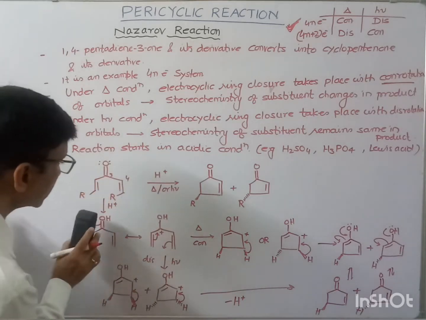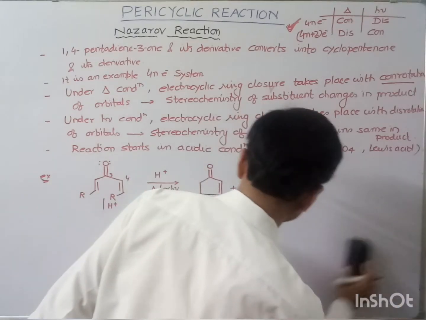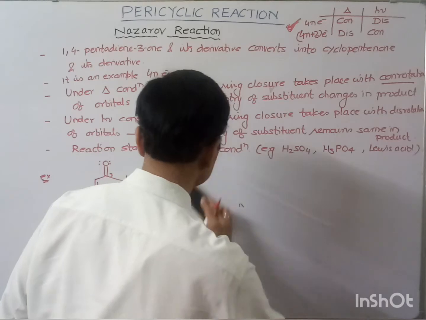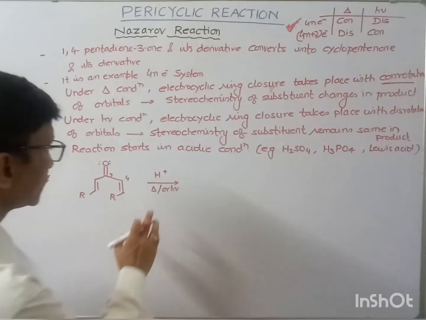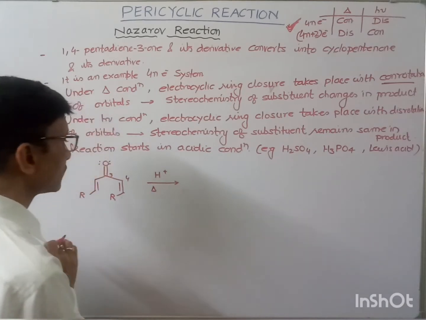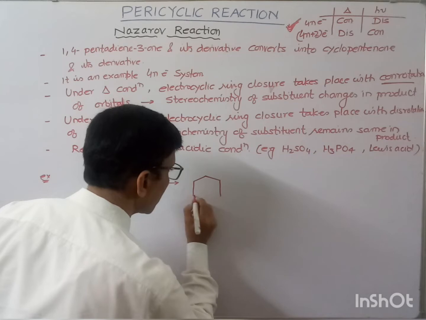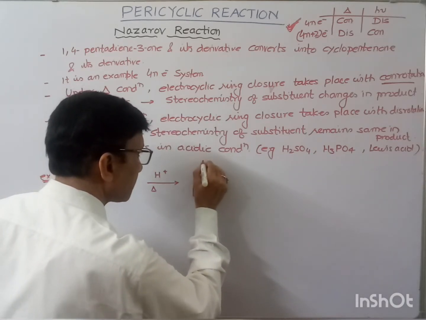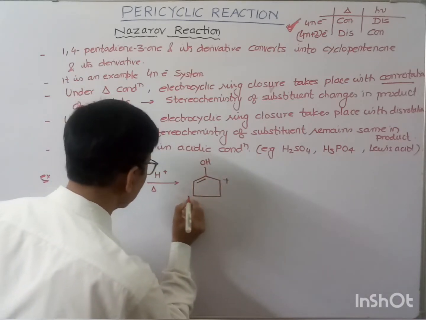So what would be the product in this case? Suppose I write this one, and the product form in this case, suppose I take a thermal condition. Then the product would be, okay.